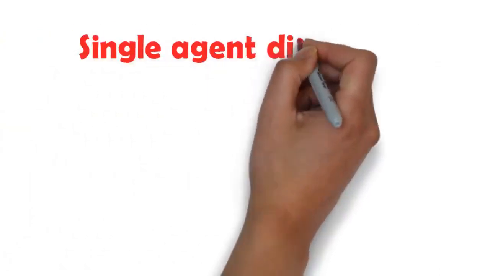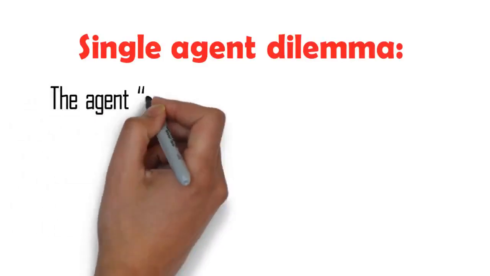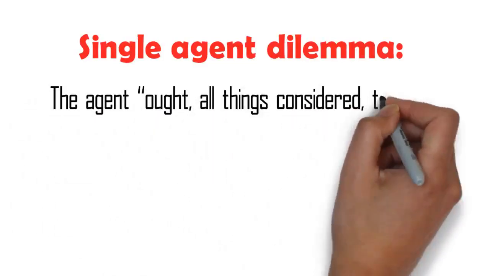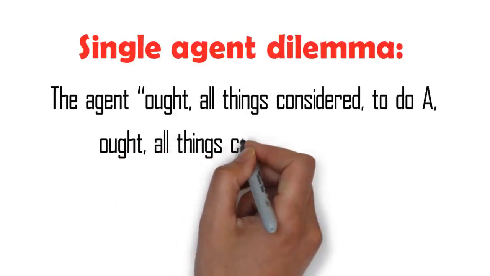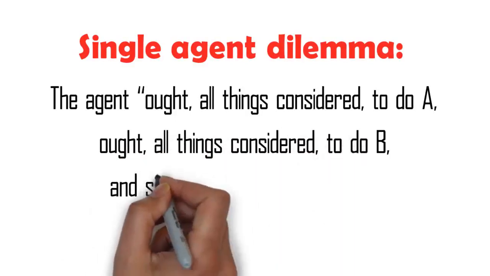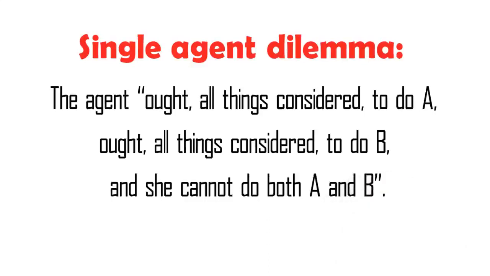Finally, in a single-agent dilemma, the agent ought, all things considered, to do A, ought, all things considered, to do B, and she cannot do both A and B. In other words, the moral agent is compelled to act on two or more equally moral options, but she cannot choose both.